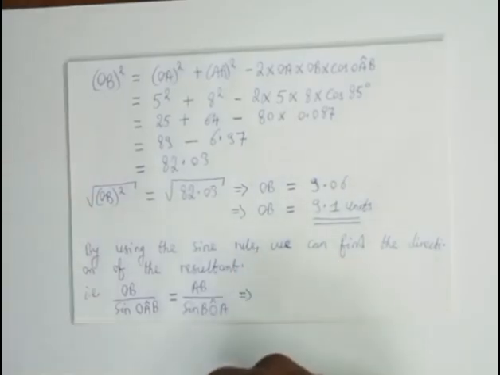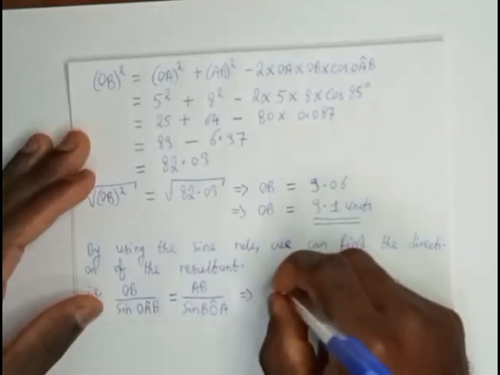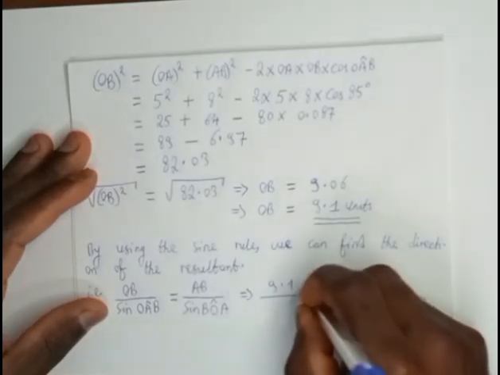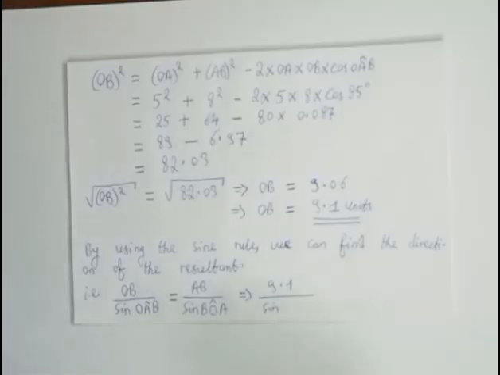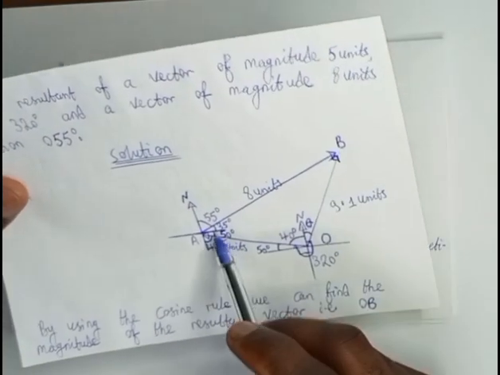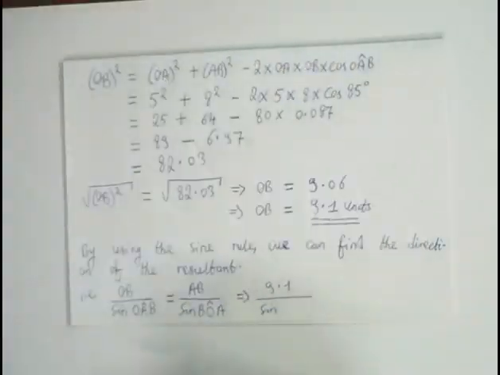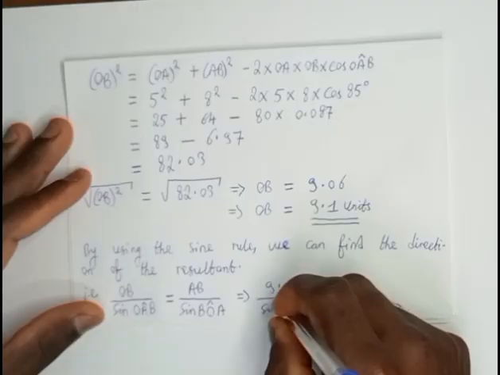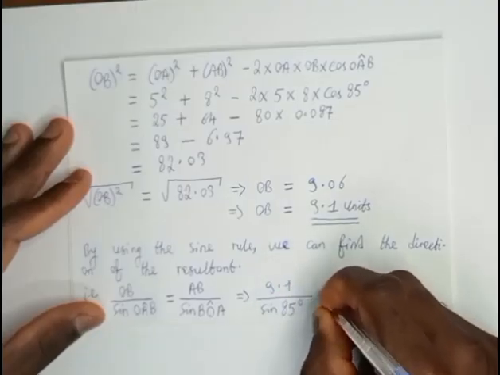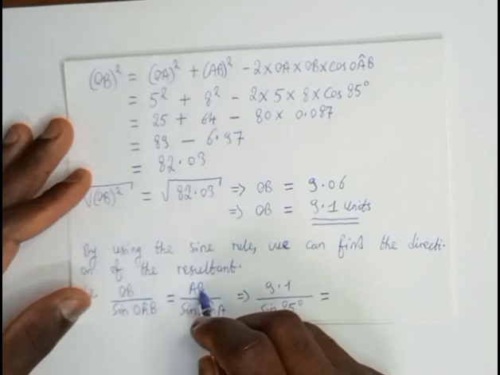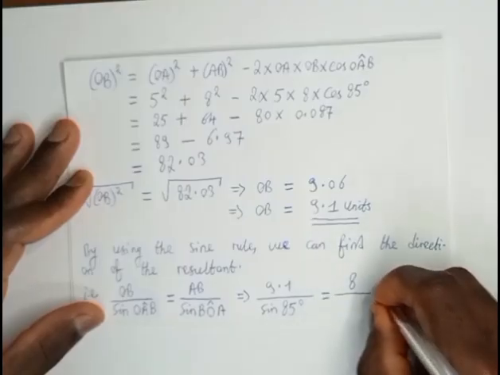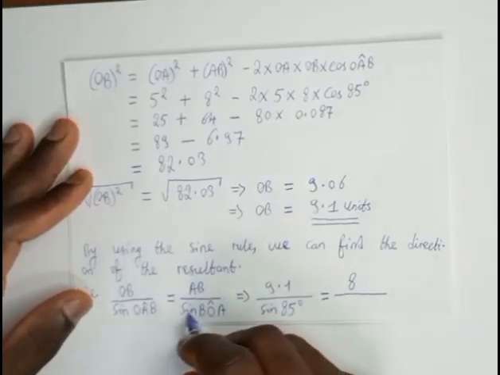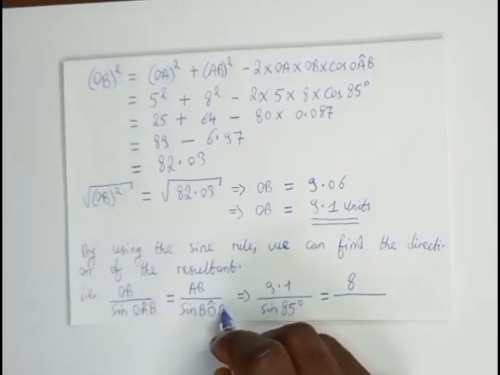Then OB, which is 9.1, over the sine of OAB, 35 degrees plus 50 degrees, which gives us 85 degrees, will be equal to AB, which is 8 units, over the sine of BOA.